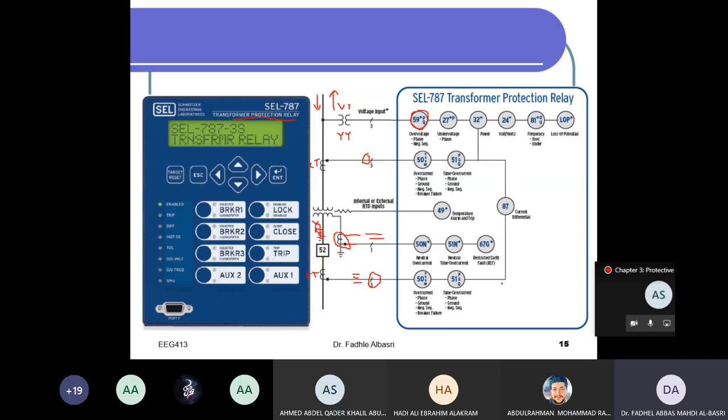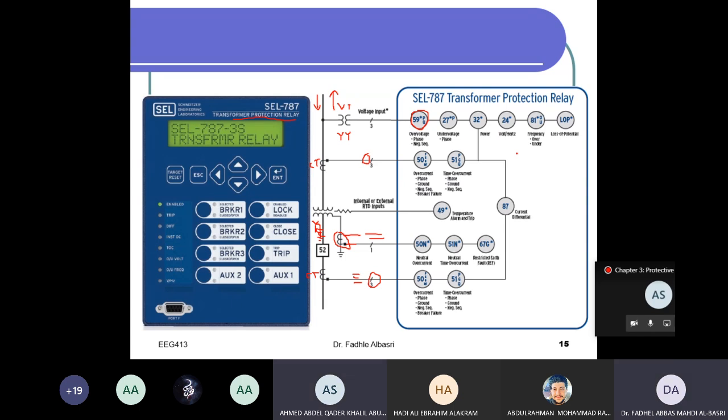The idea of presenting this is that these types of relay have the feature that they can build so many functions within them as software. And it's just a matter of connecting the inputs required to implement these functions. So you can enable or disable depending on whether you have the inputs required for those functions or not.